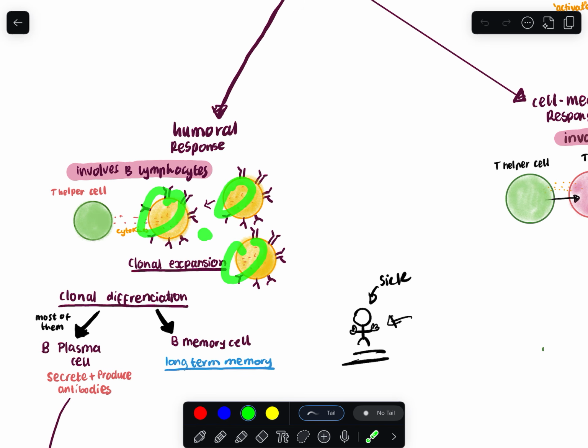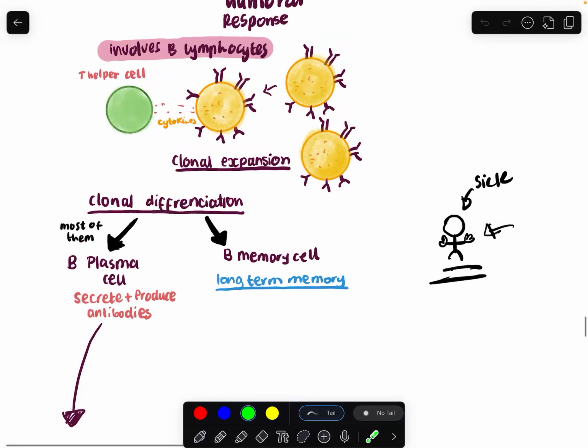Once it undergoes clonal expansion, it will undergo clonal differentiation, where that B lymphocyte will differentiate into either a B plasma cell or a B memory cell.